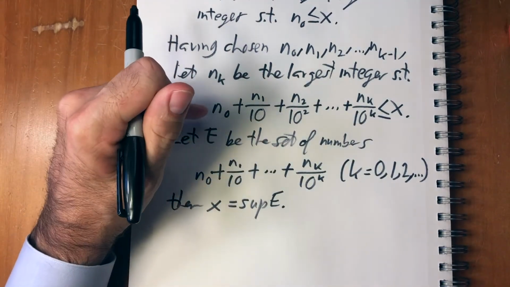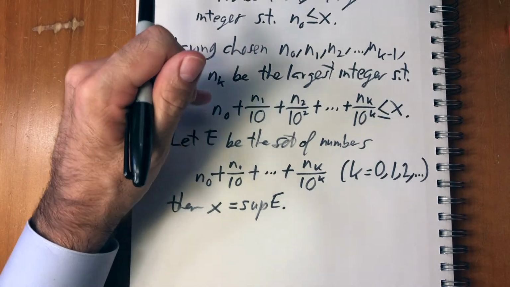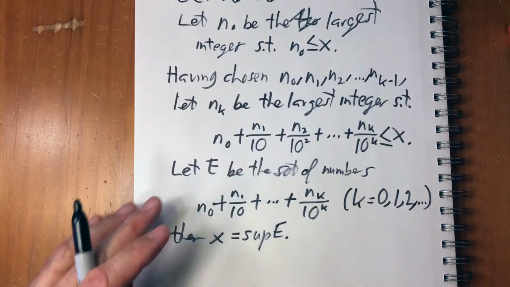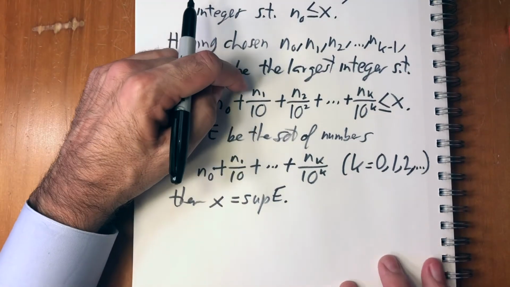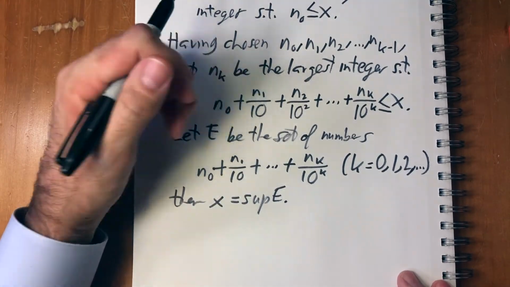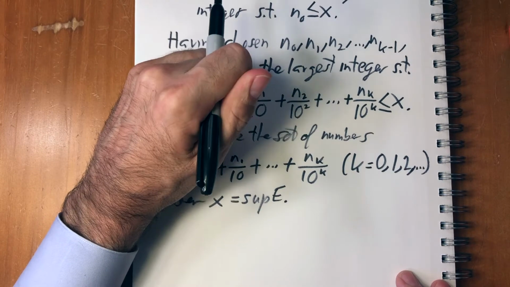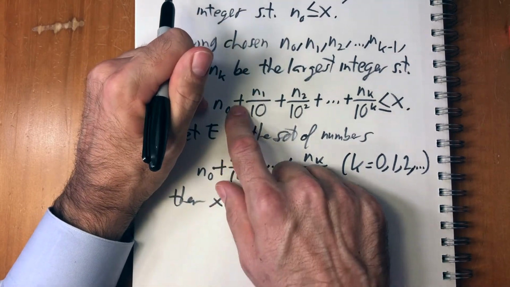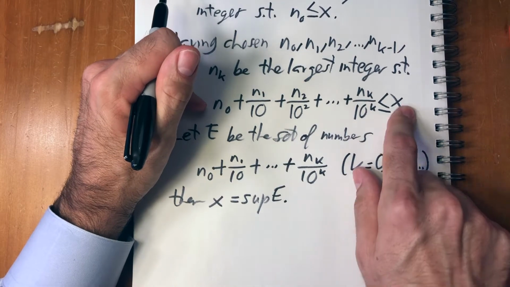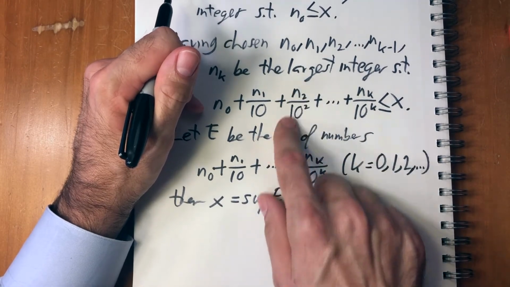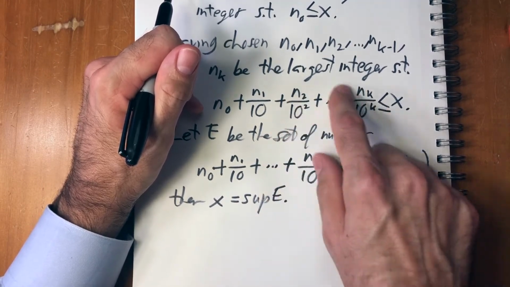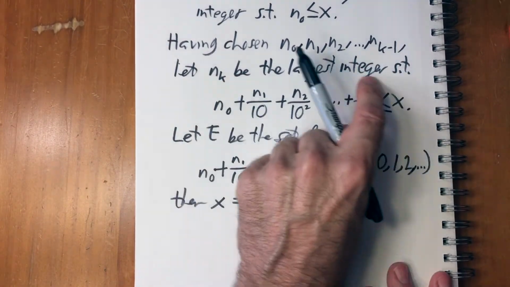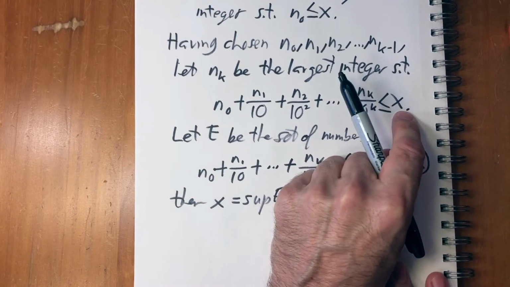We started with n0, that's the largest integer that's less than or equal to x. Then we pick another integer such that that number divided by 10 plus the first one is as large as possible, less than x, without going over. Then we do the same thing for n2 over 100 and so on until we found the last one, the nk, that still makes this sum less than or equal to x.